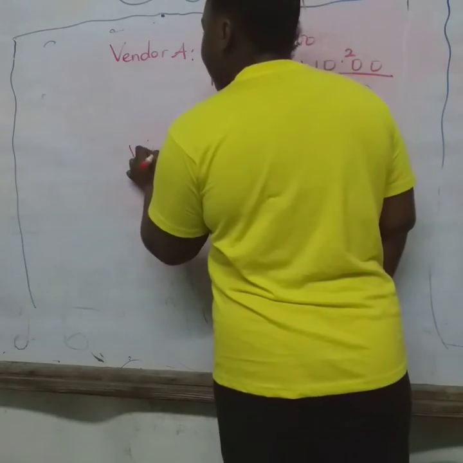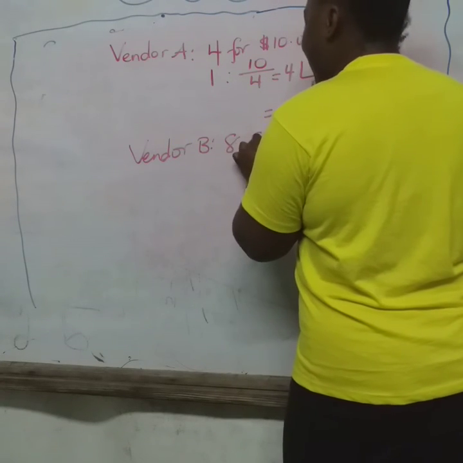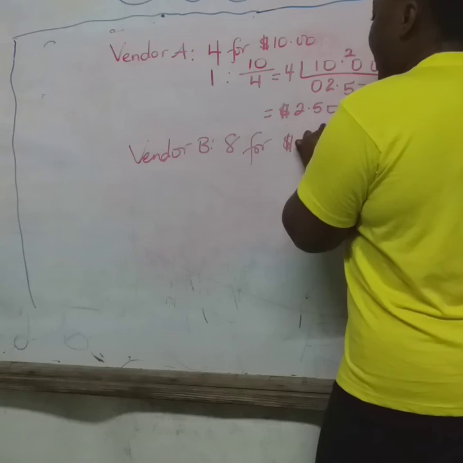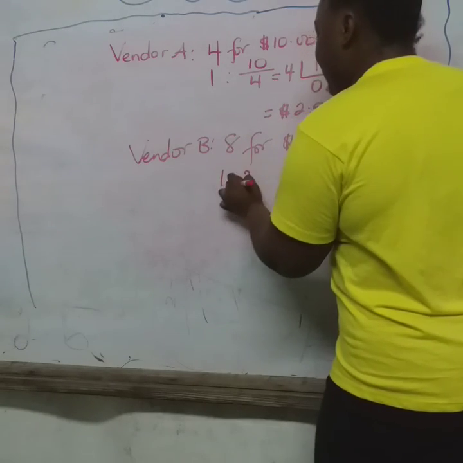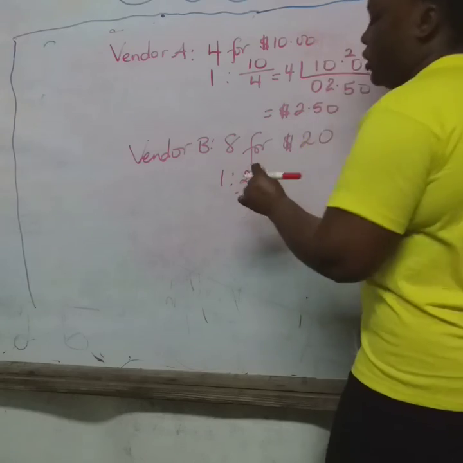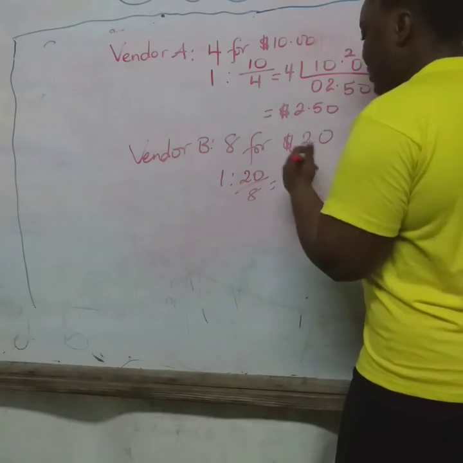Now if you look at vendor B, they are selling 8 mangoes for $20. So let's find out how much for one mango with vendor B. Same division. When I want to find for one, I divide, okay? So many to one, I divide.